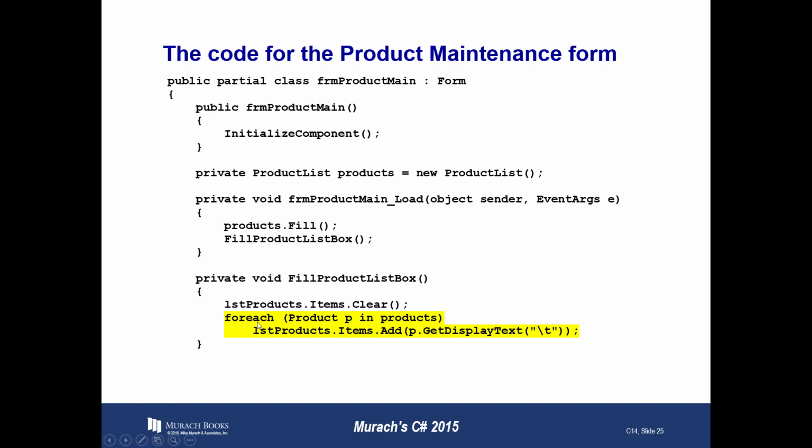Notice that this is now a more generically written method. In our fill product list box, it's product p in products. Why? Because we don't know the product coming in. We don't know if that particular product is a book or if it's software. We have to be able to handle both of those cases.